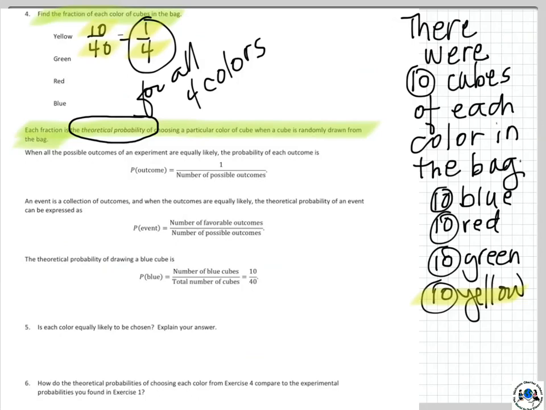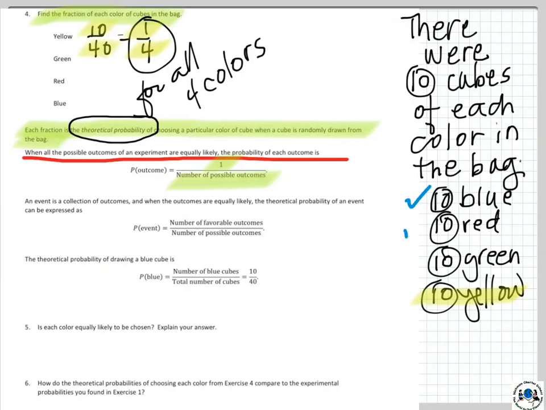Now each fraction is the theoretical probability. It is very important that we distinguish this idea of theoretical probability of choosing a particular color of cube when a cube is randomly drawn from the bag. When all the possible outcomes of an experiment are equally likely, the probability of each outcome is 1 over the number of possible outcomes. So in this case, you had 4 different outcomes.